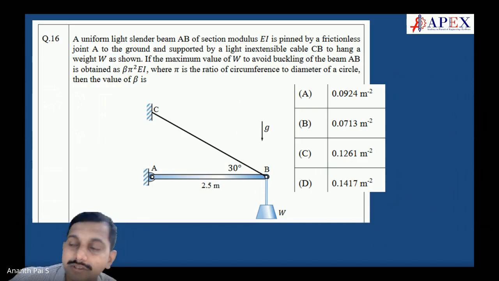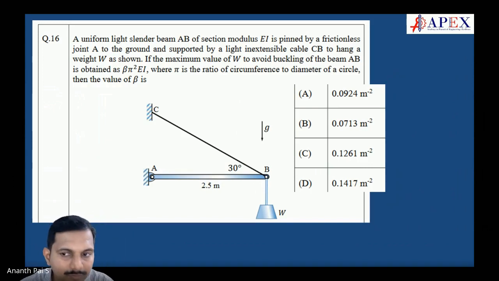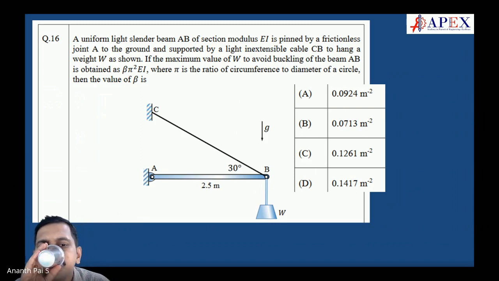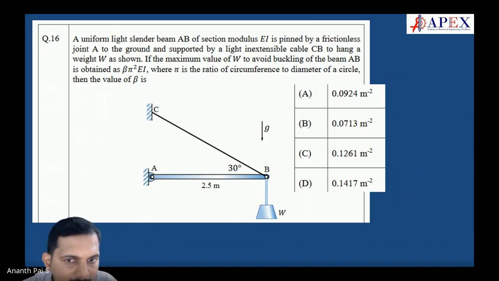Yes, sir, tell me the answer. See, they have given what is pi there, ratio of circumference to diameter of the circle. Correct, no? What is the value of that?